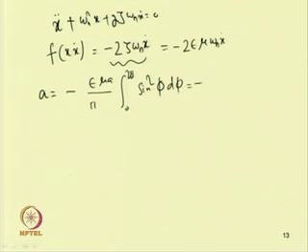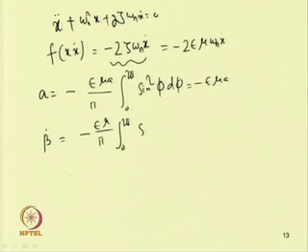So, this becomes minus epsilon mu A. Similarly, one can write beta dot equal to minus epsilon mu by pi, integration 0 to 2 pi, sin phi into cos phi d phi. So, this is equal to 0.